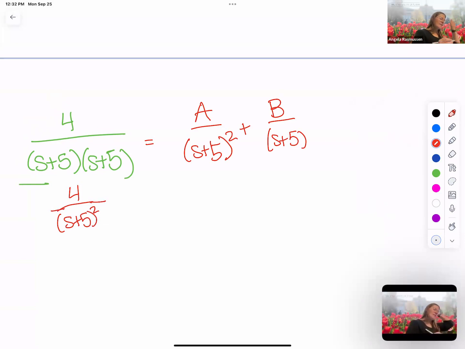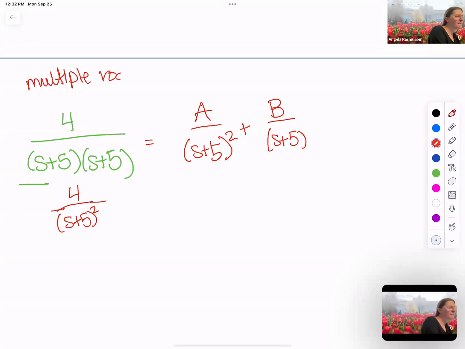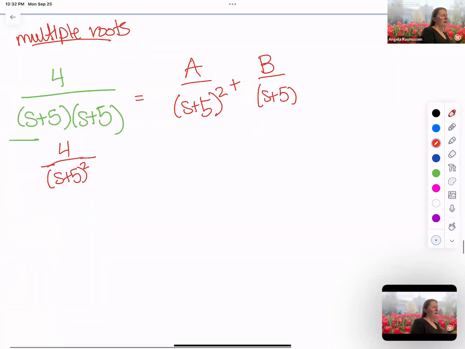And I guess I can tell you, it's always going to be like A over the root. This is considered multiple roots. And so for multiple roots, you have to do the highest power first, until you get to 0. So you have a squared, then you have a 1. And so it's going to be of the form A over S plus 5 squared plus B over S plus 5.